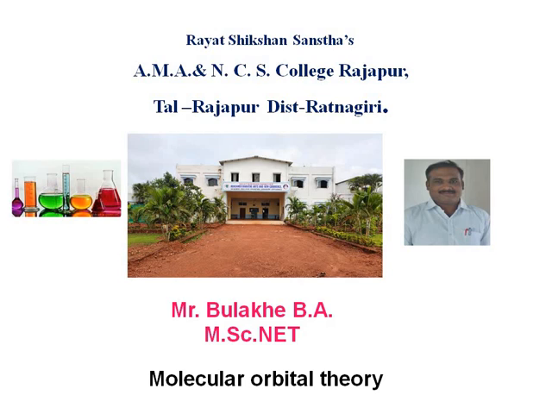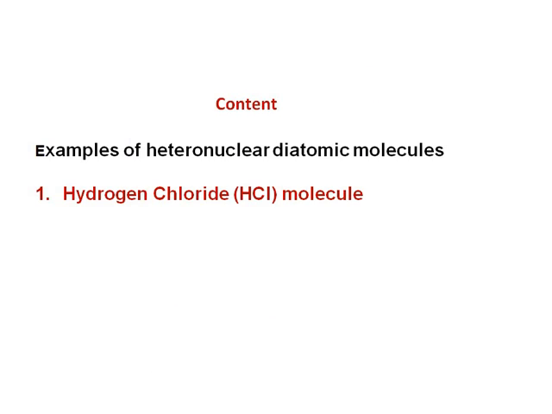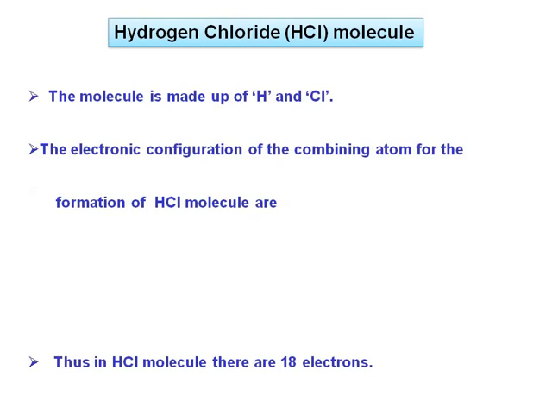In the last lecture we have seen the molecular orbital diagram of the nitric oxide molecule. Now today we are going to discuss the next molecular orbital diagram, a heteronuclear diatomic molecule, hydrogen chloride, HCl, which is made up from two atoms, hydrogen and chlorine.